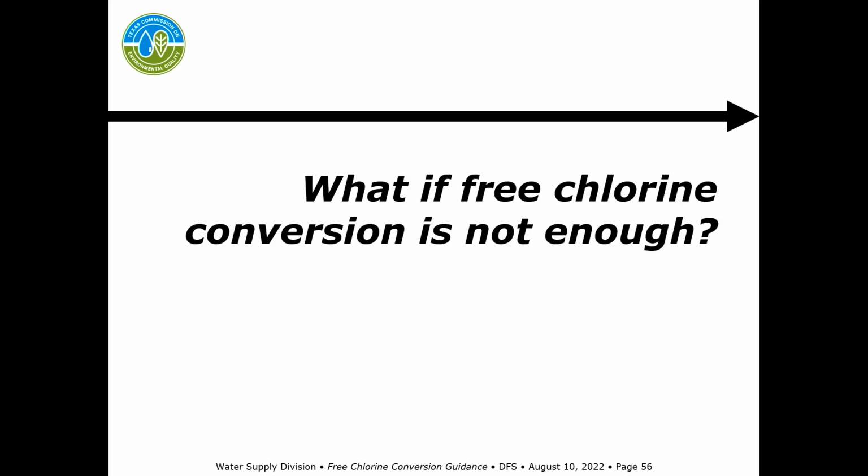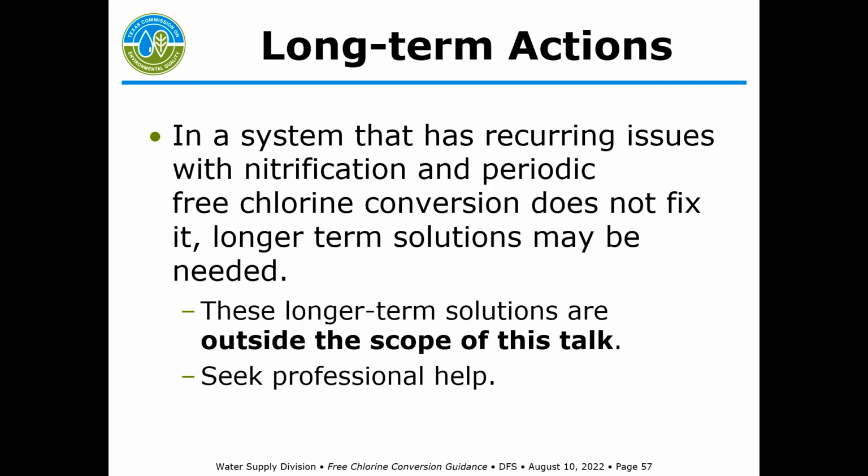So what if free chlorine conversion is not enough? You try it and it's still not working. You may need some different long-term actions that go beyond just doing these free chlorine conversions. Unfortunately, we don't have time to talk about those today, outside the scope. But in many cases, you're going to need some professional help.